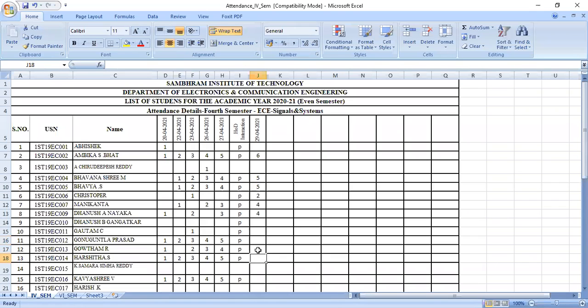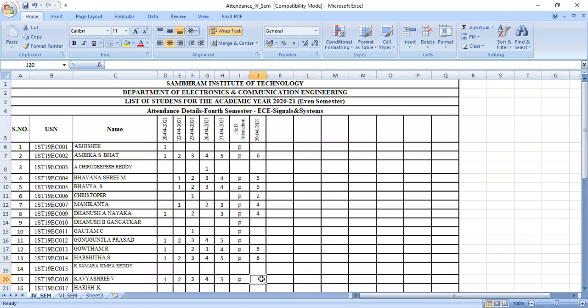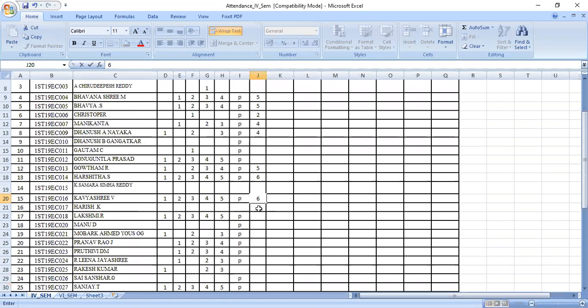Gautam R. Present, ma'am. Harshita. Present, ma'am. Samarasimha Reddy. Kavyashri. Present, ma'am. Harish. Lakshmi. Manu. Is Lakshmi absent?